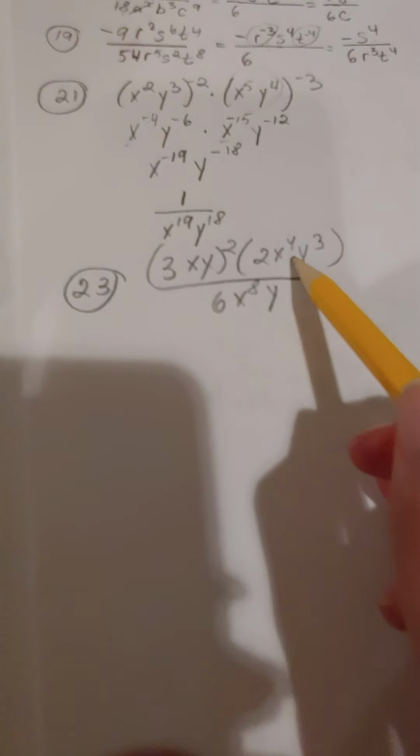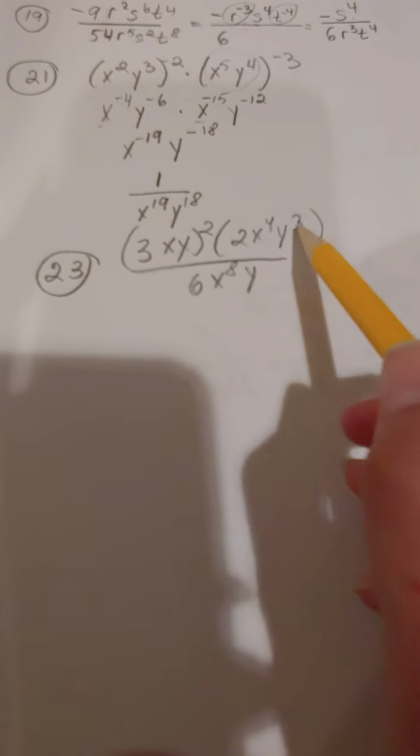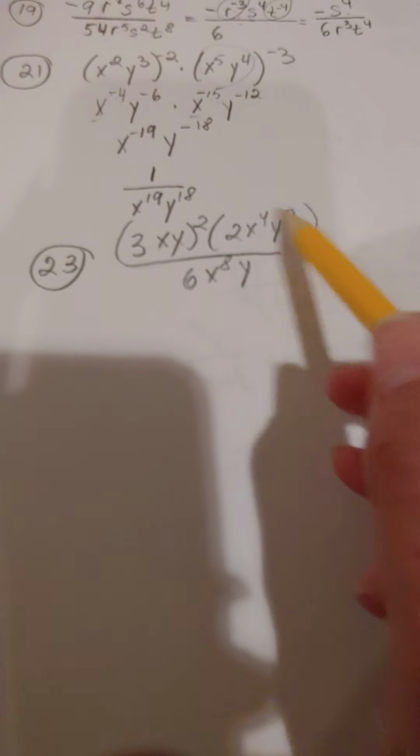Same thing? No, it's not the same thing. Here, this power 3 belongs only to y. So we don't have to raise everything to any power. So 3 to the 2nd power is 9, x to the 2nd power, y to the 2nd power. And we're just going to copy all that. We don't need parentheses for that anymore. It's just a multiplication.